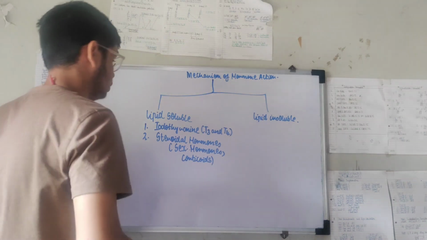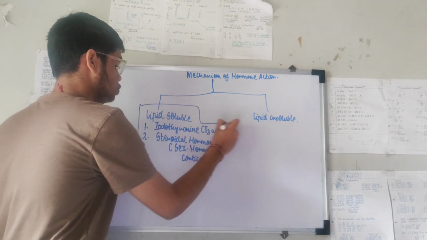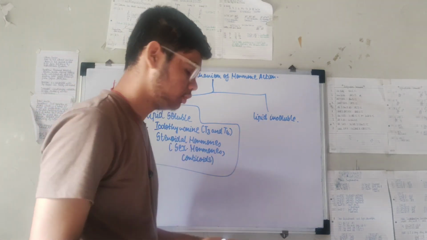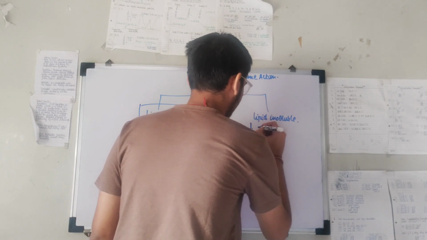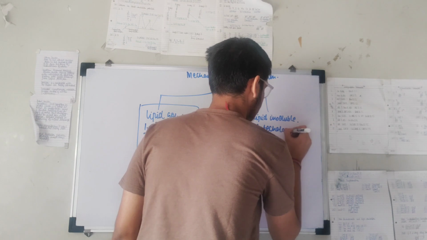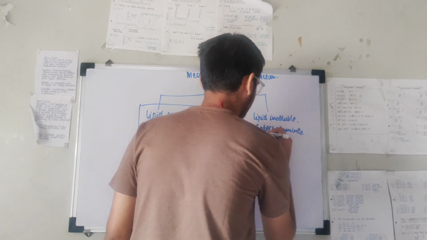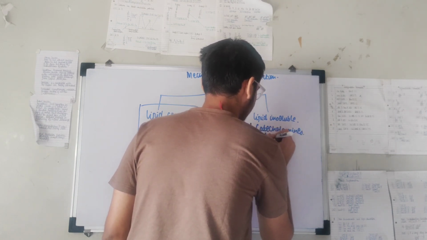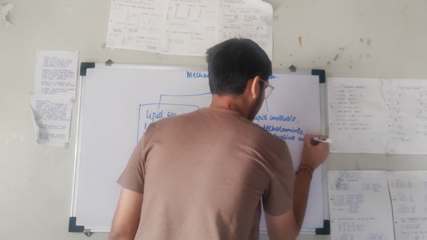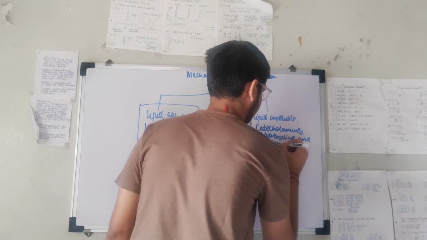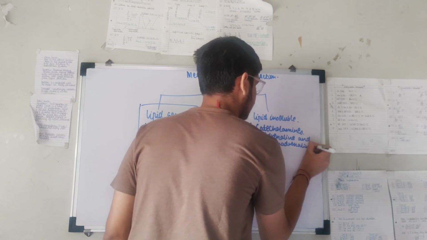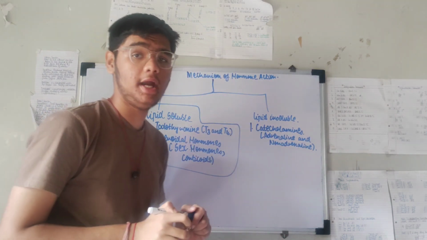Let's move to lipid insoluble. First we have catecholamines, which include adrenaline and noradrenaline, which are secreted by the adrenal medulla.